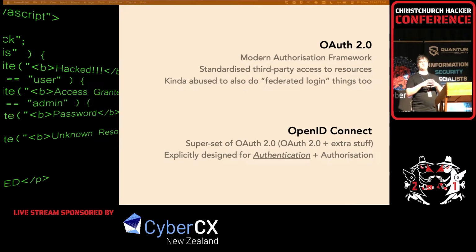So what happened was OpenID Connect came about and basically became a superset of OAuth 2. So it's OAuth 2 plus some extra stuff, and that brings to the table the authentication aspect of it. So who you are, what sort of attributes you have as a member of this particular identity provider.